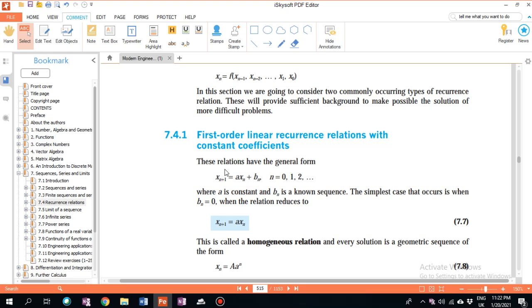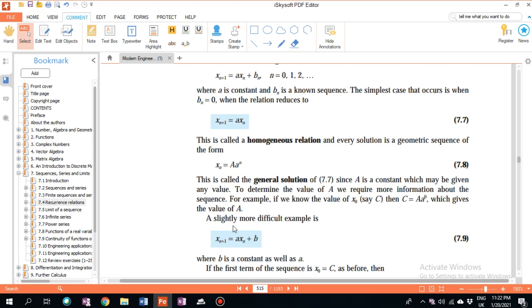For example, we have the relationship x_{n+1} = a x_n + b_n, when n equals 0, 1, 2, 3. We can see that a is a constant and b_n is a known sequence. This can be simplified if b_n is equal to 0, which means x_{n+1} is equal to a x_n.